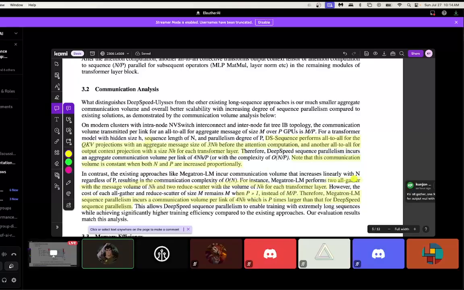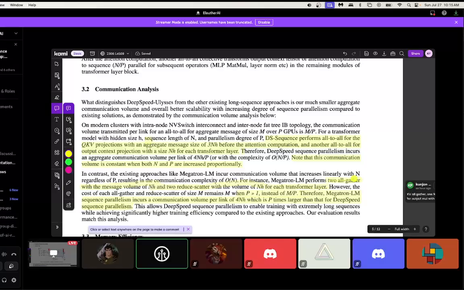I think what they're saying here is that with a higher degree of parallelism you don't have an increase in communication volume. That's the advantage of the all-to-all versus the all-gather, where if you have a higher degree of parallelism you will have higher communication volume.